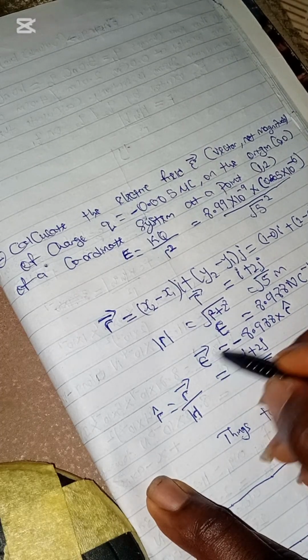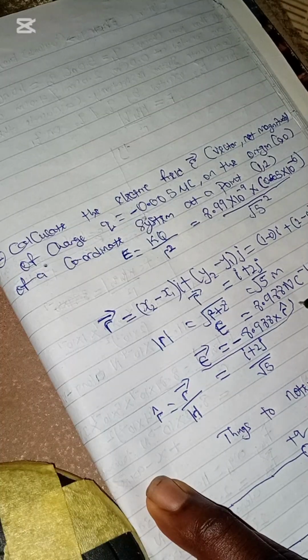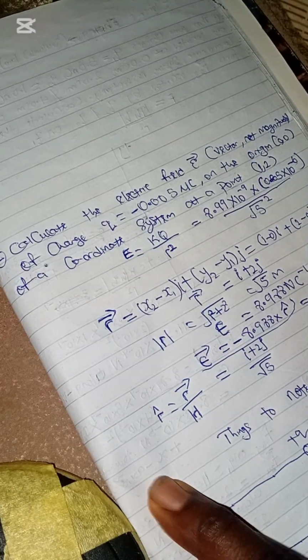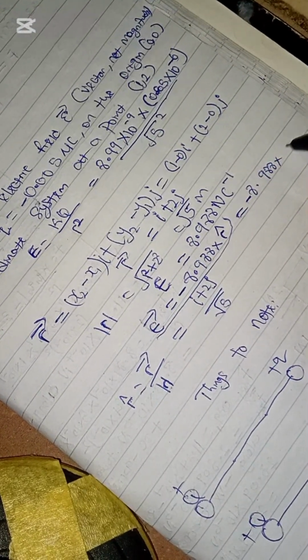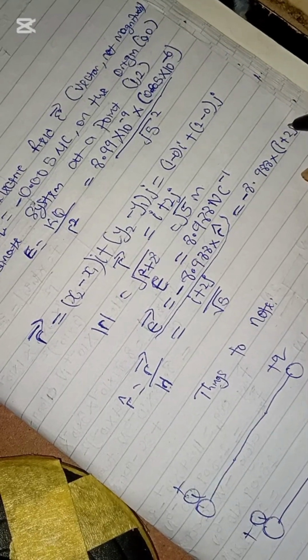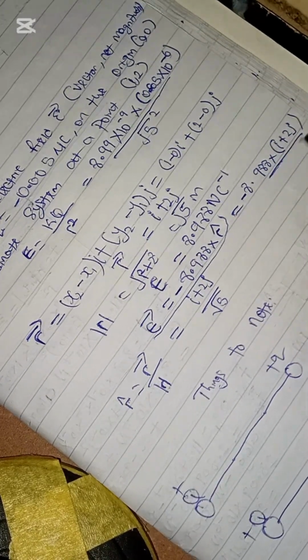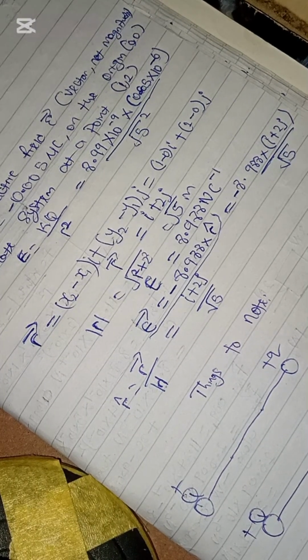So at the end of the day, this particular one can give you something like minus 8.988 times, what's your unit vector? i plus 2j over root 5. Do you understand? So that's that for that.